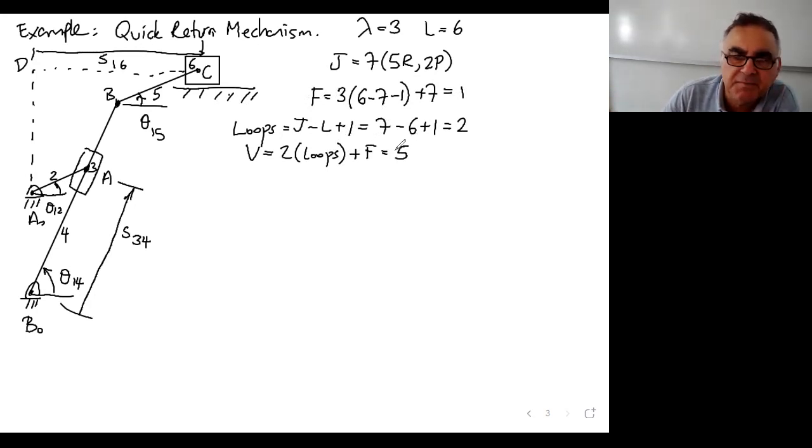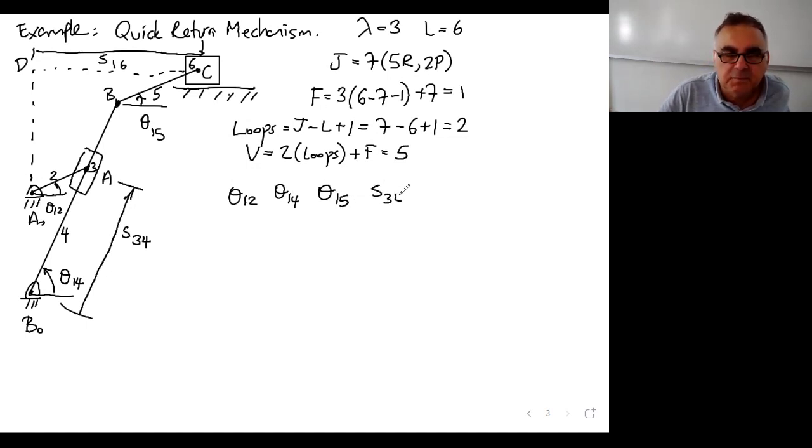So it is 5. So there will be 5 variables, which are theta 1, 2, theta 1, 4, theta 1, 5. These are the angles, S3, 4, and S1, 6. So these are the variables.